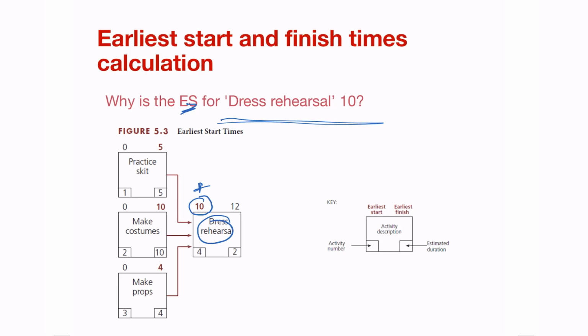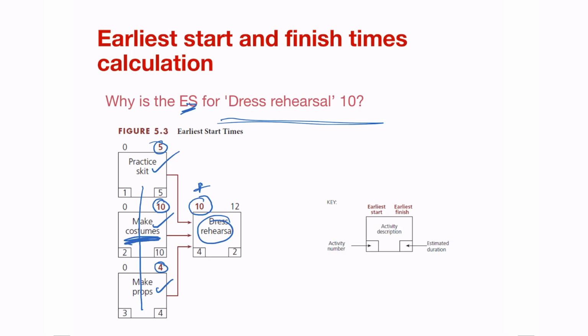And why can it only start at day number 10? Because if you look at all of the other activities that need to take place, practice the skit, make costumes, and make the props, all of these take time. Practice skits takes 5 days, make costumes takes 10 days, and making of the props takes 4 days. The earliest time the dress rehearsal can take place is when all of these activities are done, which means you will look at the one activity which takes the longest to complete.